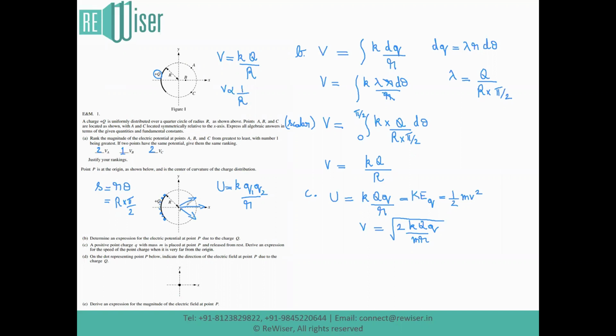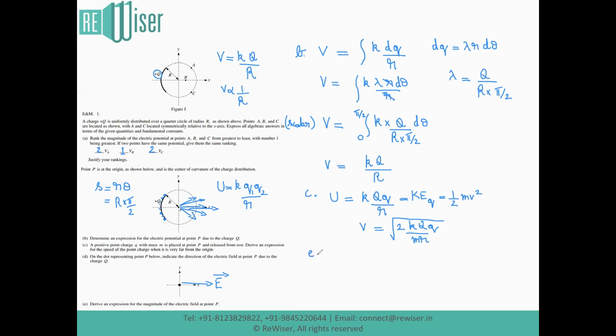Thus, we conclude that the resultant vector addition of all the electric fields acting on all the infinitesimally small charges distributed uniformly along the length of this arc is a resultant electric field acting towards the right. So this is the direction of the electric field due to this uniformly distributed charge capital Q.